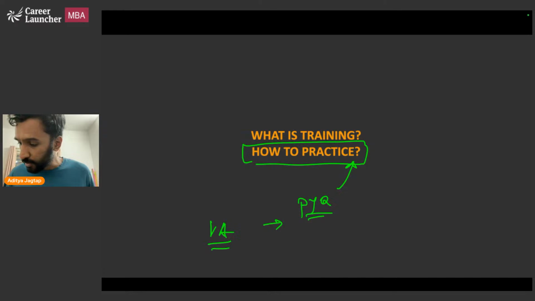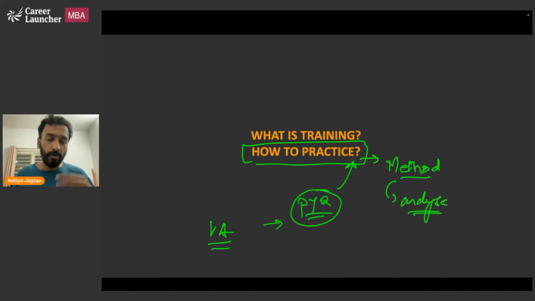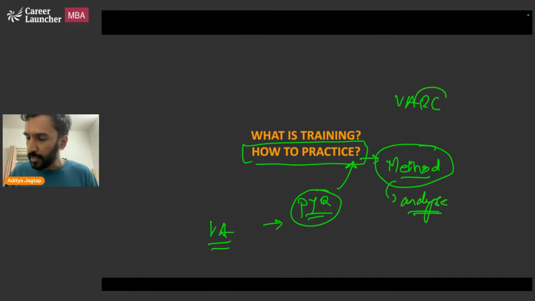What I'm trying to do is achieve two things here. I'm telling you to solve PYQs, and while solving them, how to practice. You practice a certain method repeatedly, and then you analyze if you've gotten the question wrong. So what we are focusing on is the method we need to apply for different question types in the VARC paper. We have already seen the RC question type and what kind of reading method is required.